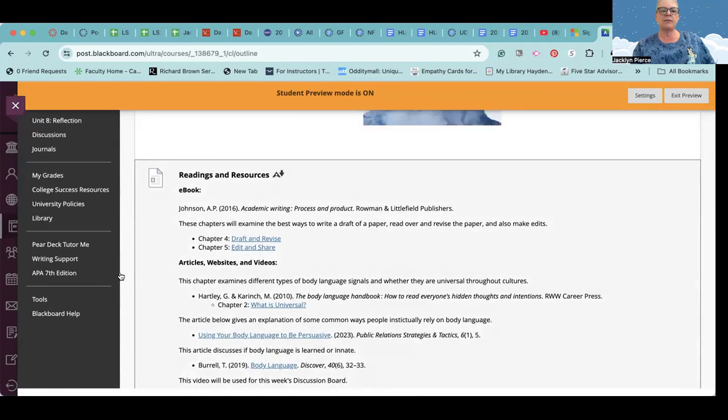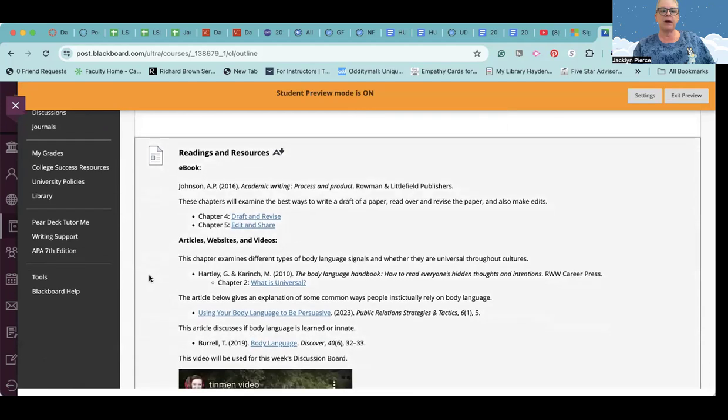So first item of business, of course, is the academic writing textbook. You have 2 chapters from the Johnson book, drafting and revision, and editing and sharing. So we are at the tail end now of the academic writing process.